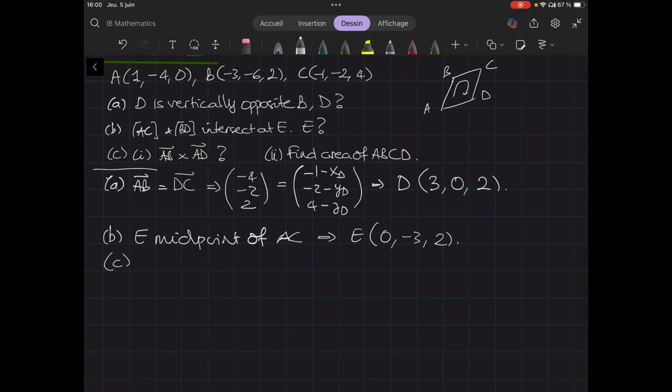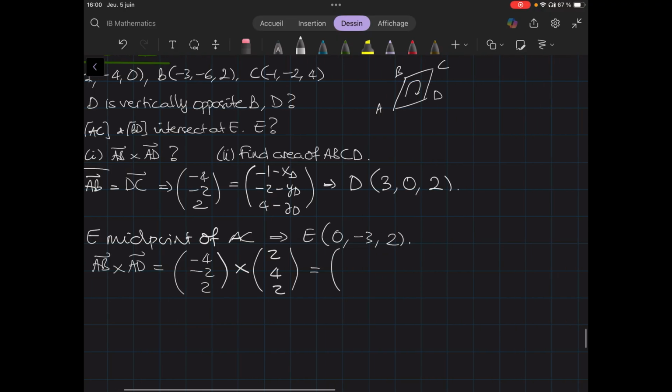Part C. So AB cross AD. We have AB from part A, that is -2, -4, and 2, cross AD. 3 minus 1, 0 minus -4, 2 minus 0. Cover the first row.